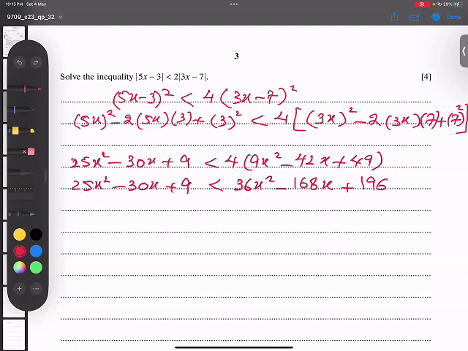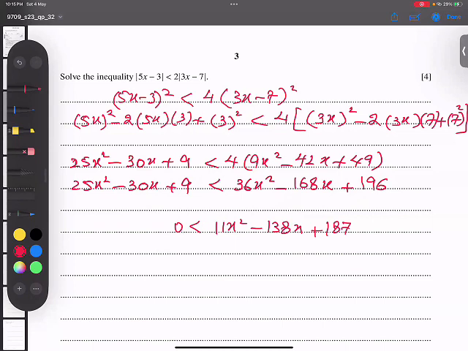You know it very well. I will get 11x to the power 2. This goes there, negative 168 and plus 30, giving 138. And 9 subtract, so it becomes plus 187.